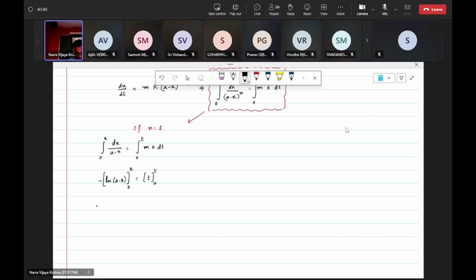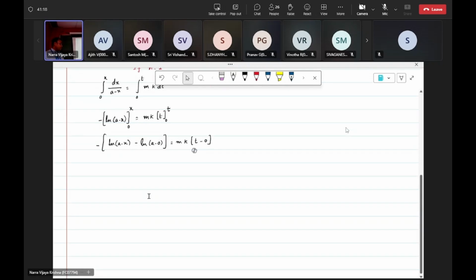So I am writing minus of ln a minus x upper limit minus ln a minus 0 is equal to, instead of t, I have to substitute the upper limit. Okay, I missed that mk. One minute. mk integral dt between the limits 0 to t. So for mk, what do I have to write? Upper limit minus lower limit, so it becomes t minus 0. Now what about this term?